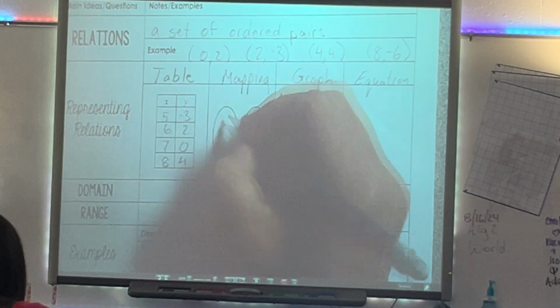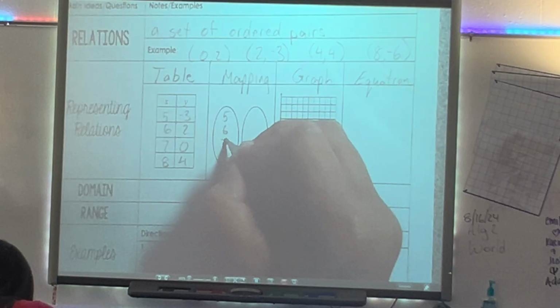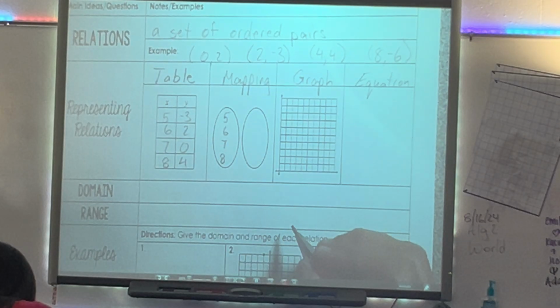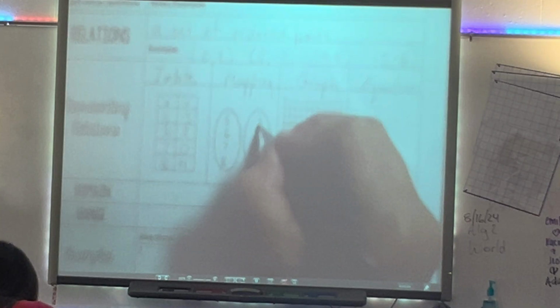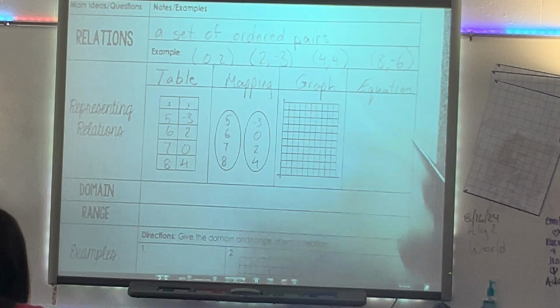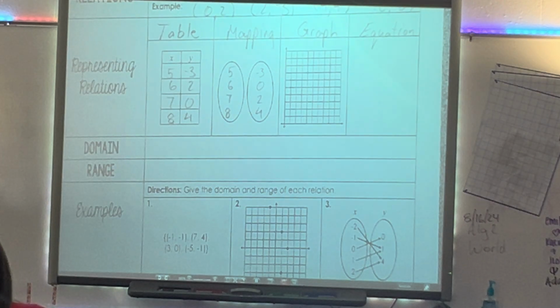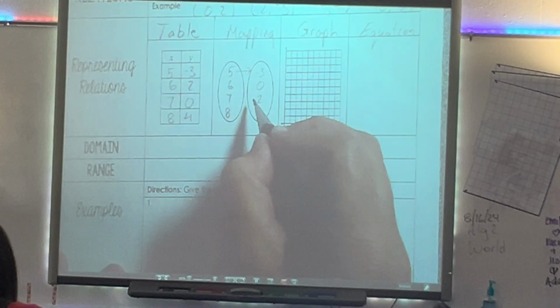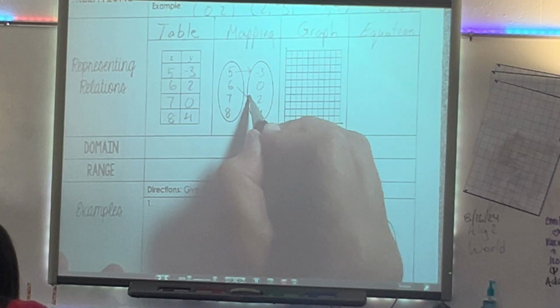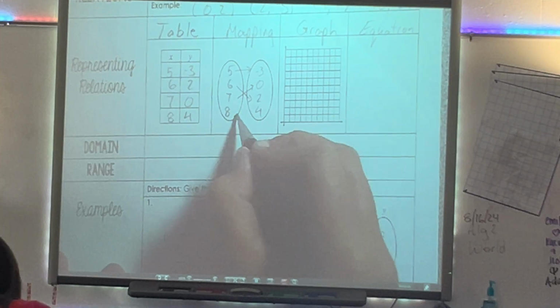So if I took those same numbers, 5, 6, 7, 8, and I put them in, then I took -3, 0, 2, and 4, because these are usually written in order. Then 5 pairs with -3, 6 pairs with 2, 7 pairs with 0, 8 pairs with 4.